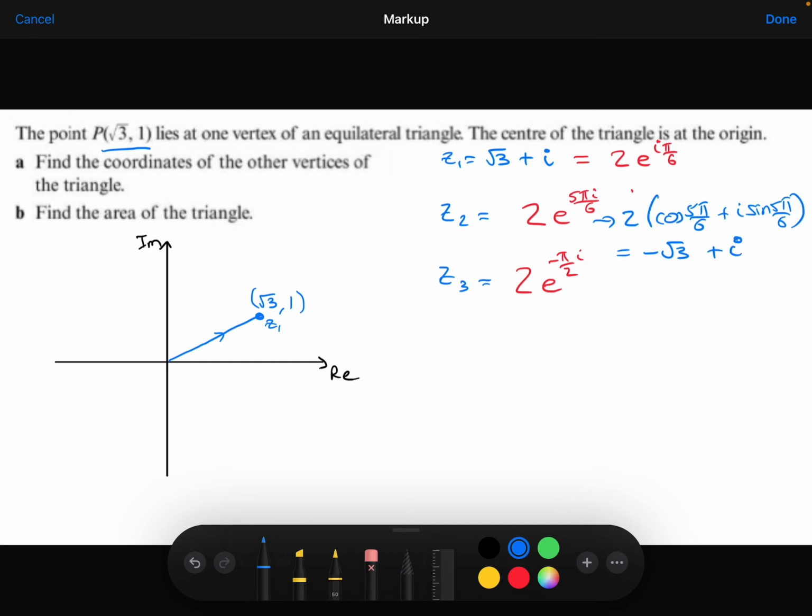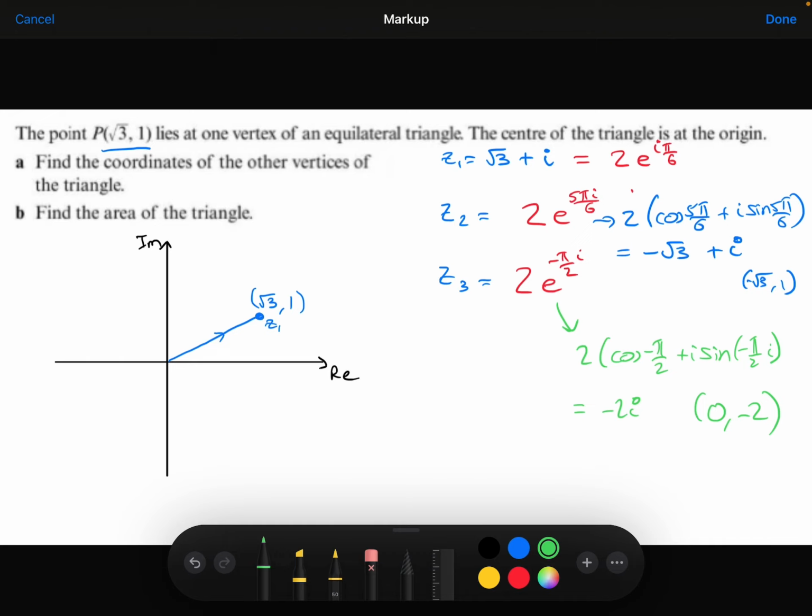So that's my second root, which as a coordinate is minus root 3, 1. And then the third root will have 2 cos minus pi over 2 plus i sine minus pi over 2, which gives minus 2i, which is the coordinate 0, minus 2.